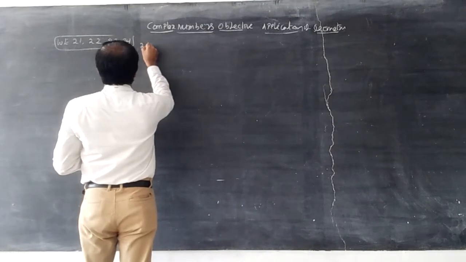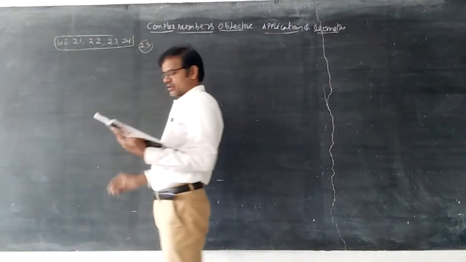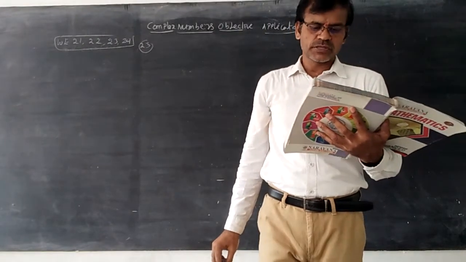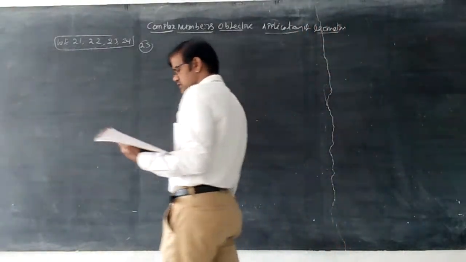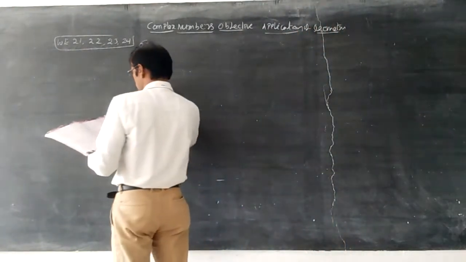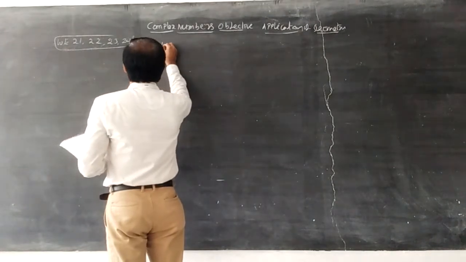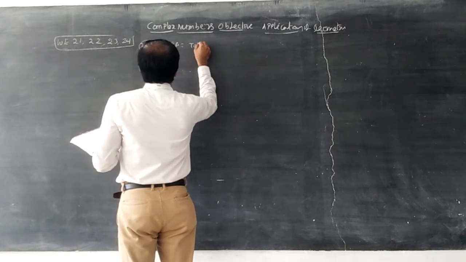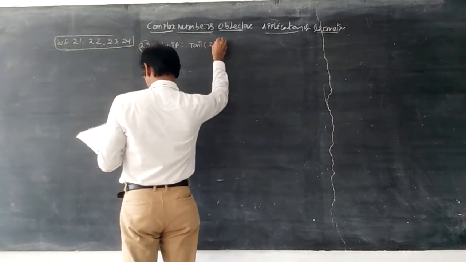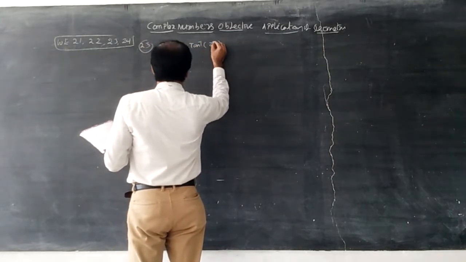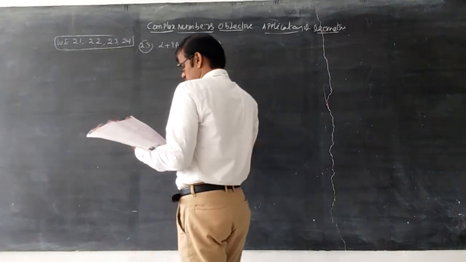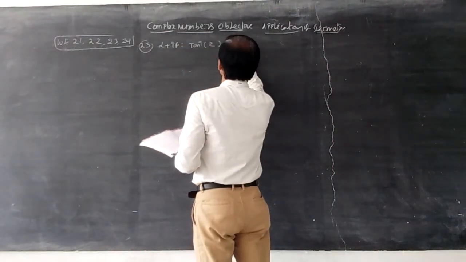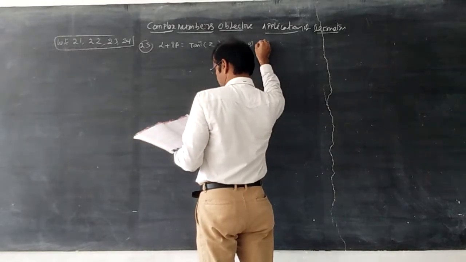Third question. Alpha plus i beta is equal to tan inverse z, and alpha is constant; find the locus of z. Alpha plus i beta is equal to tan inverse of z. Alpha is constant, locus of z is also.